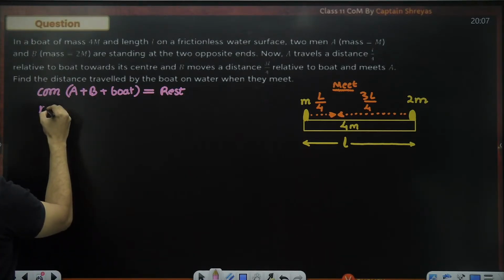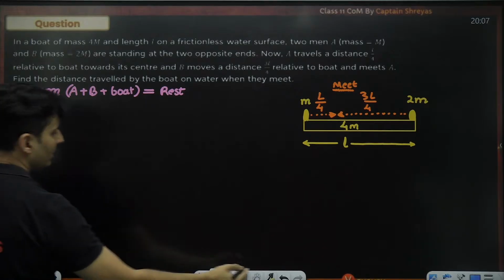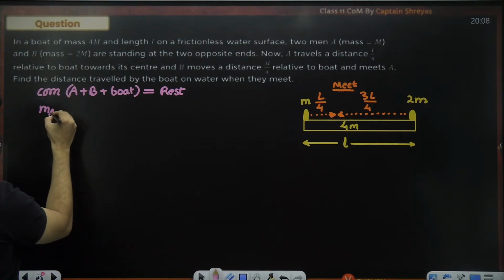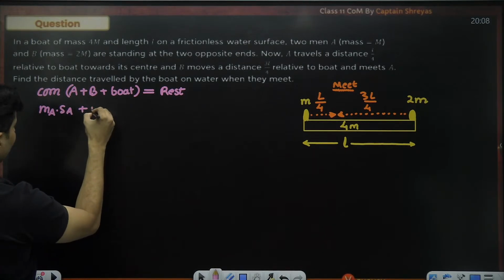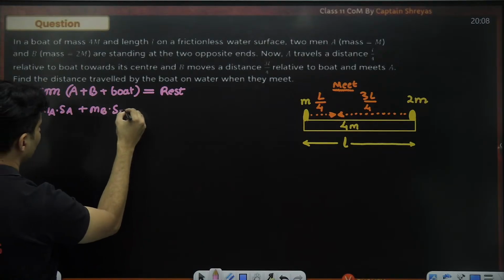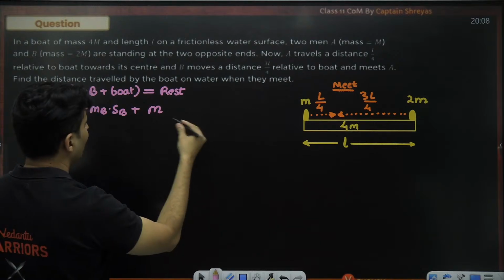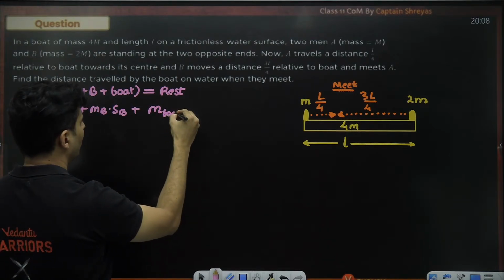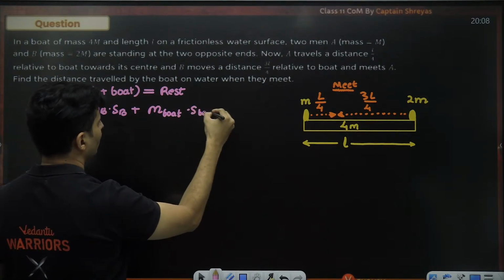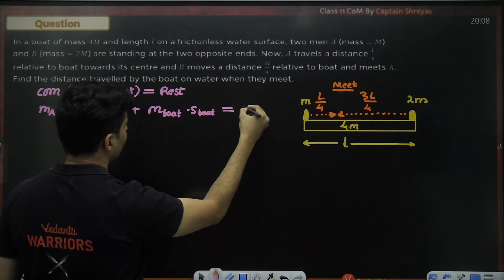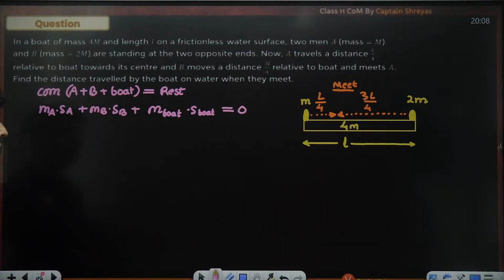So I'm allowed to use M1 S1. In this case, it will be mass of A into displacement of A, plus mass of person B into displacement of B, plus mass of the boat multiplied by displacement of the boat. This entire thing should be 0.